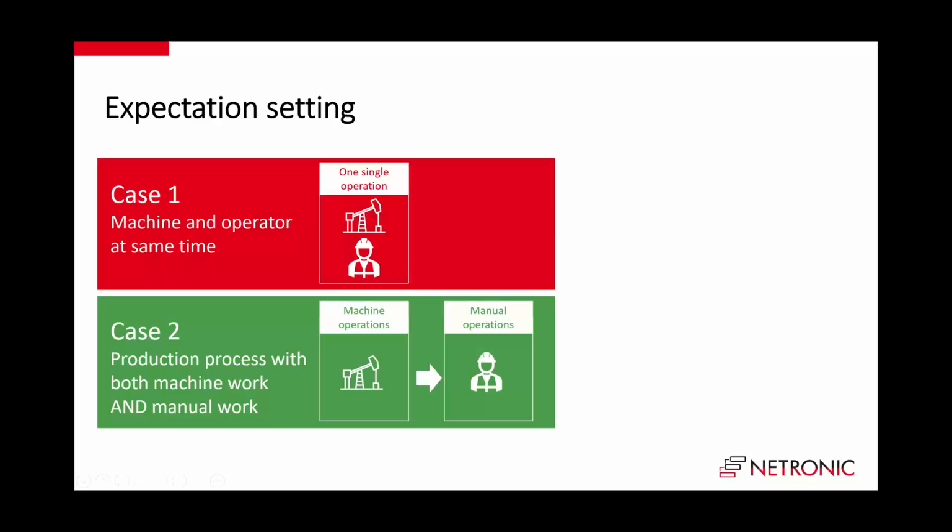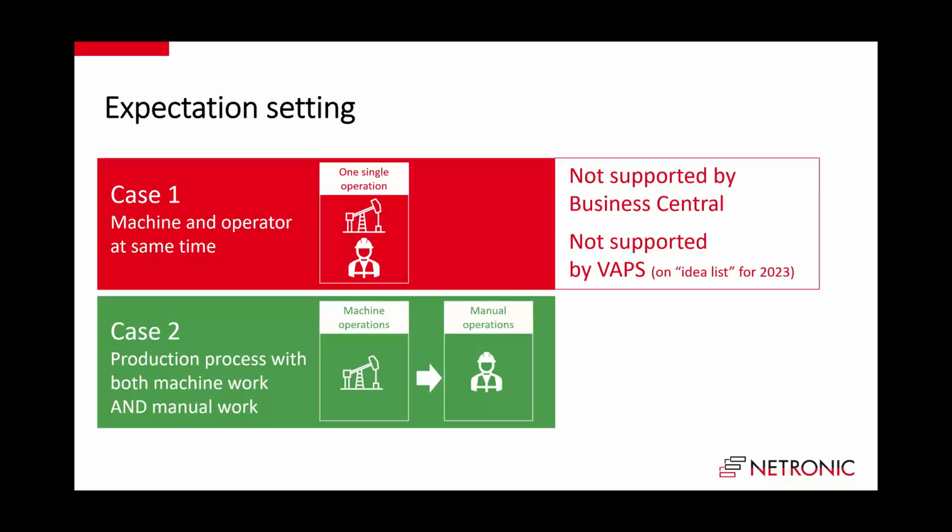And in terms of expectation setting, in terms of bad news, good news: the first case, having two resources, like a machine and a person, at the same point of time on one operation, on one production or routing line, is something that Business Central does not support. And it is also something where I currently say, hey, we do not support this with the VAPS.